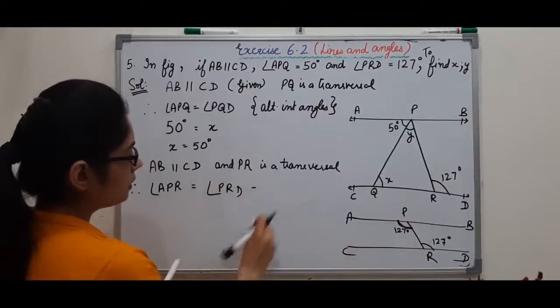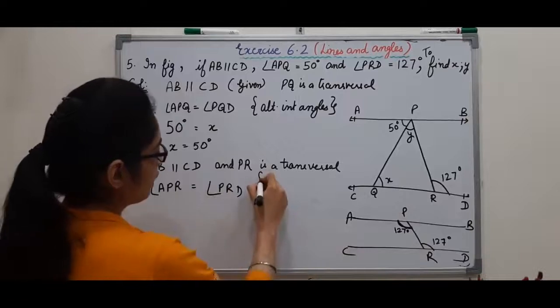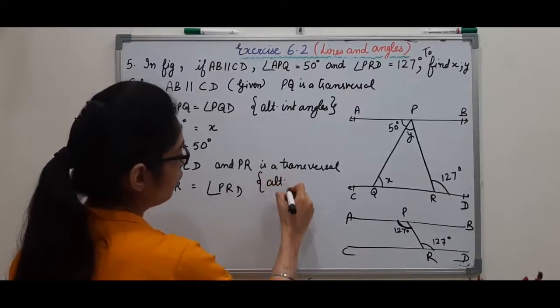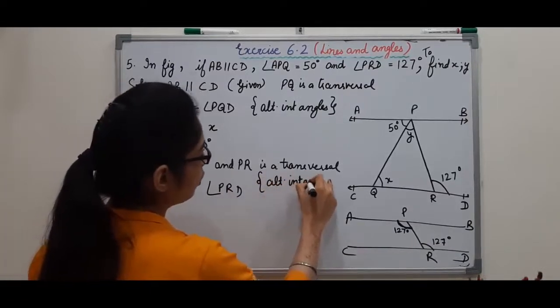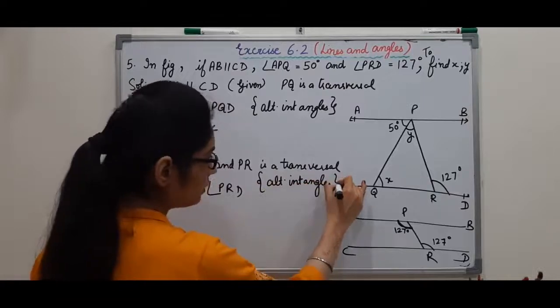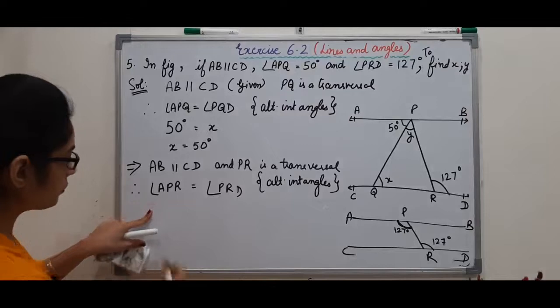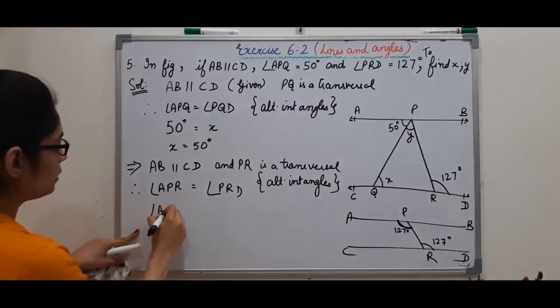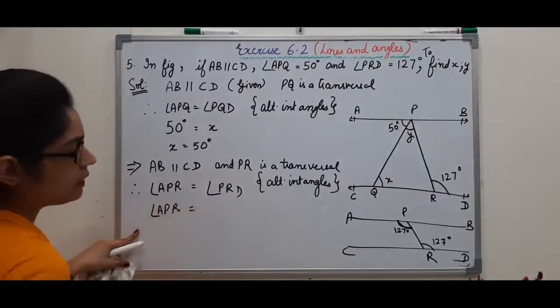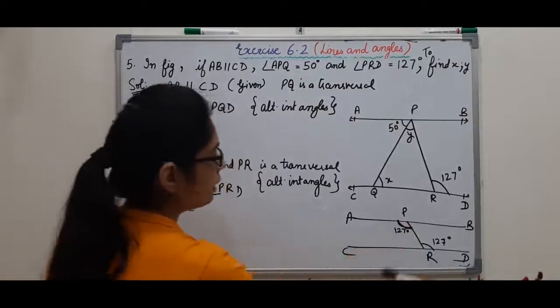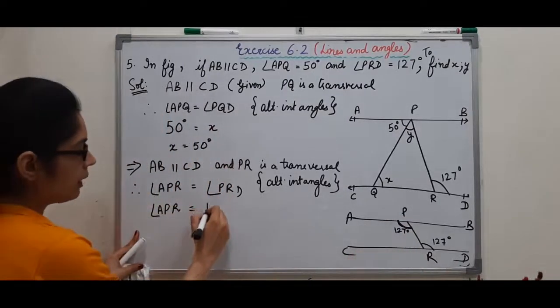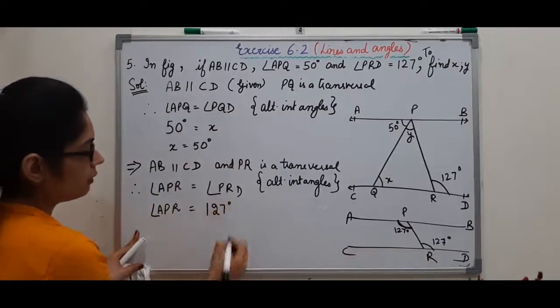Here we can mention the reason, alternate interior angles, because we know alternate interior angles are equal to each other. So APR we can write as it is equal to PRD. Instead of PRD we can write its value as 127 degrees.